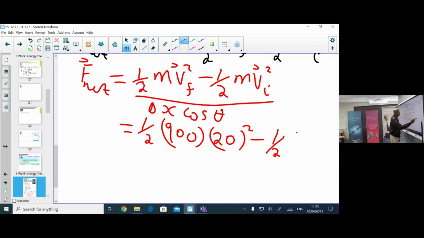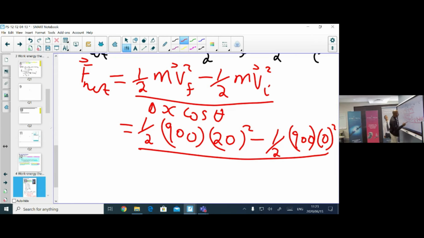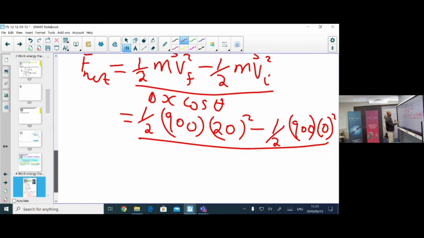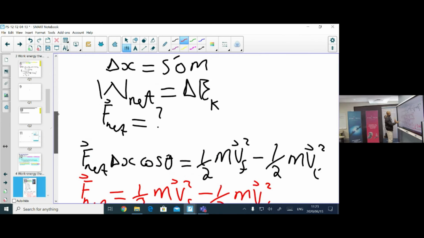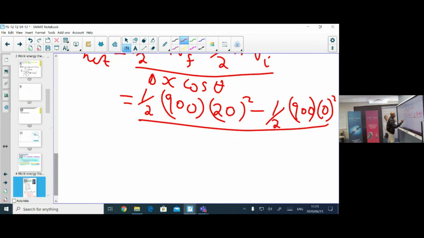It's 900 multiplied by 0 squared, divided by change in x there. We have 50, this is 50 in meters.